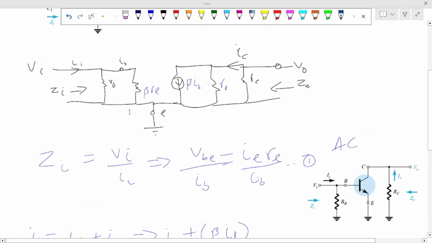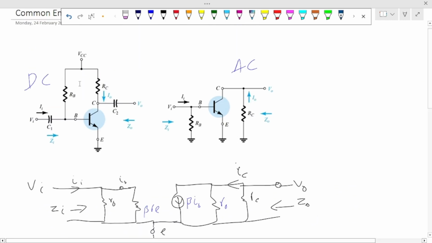Recall that to work with this network in the AC domain, we need a model of it so that we can apply KVL, KCL, the current divider rule, the voltage divider rule, and things like that.